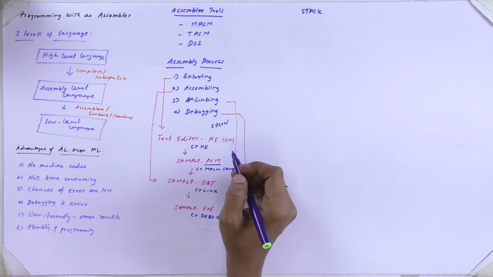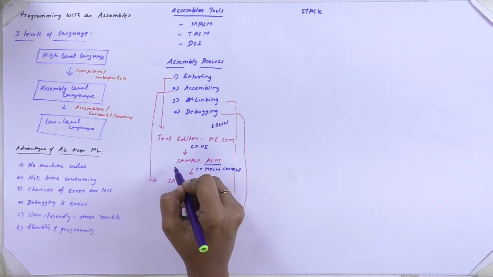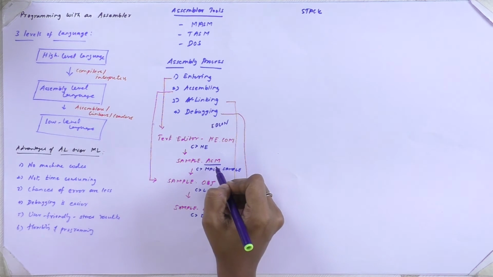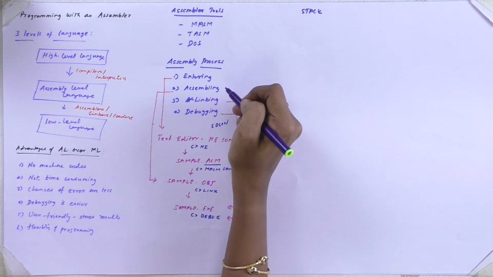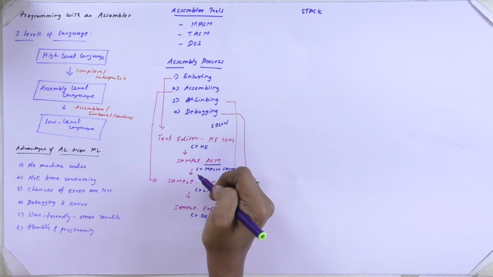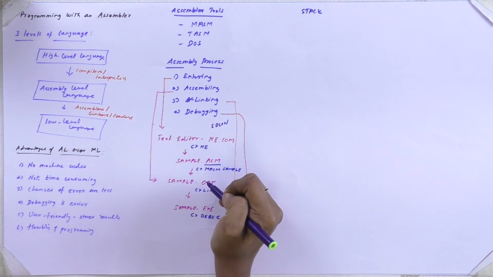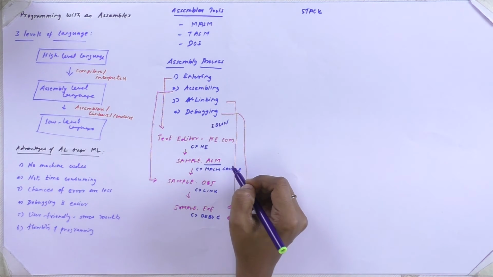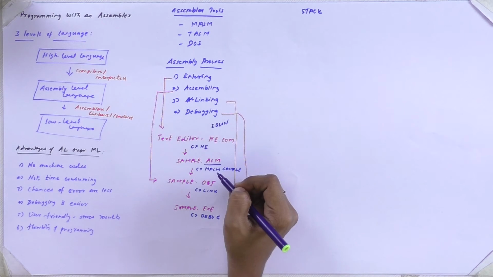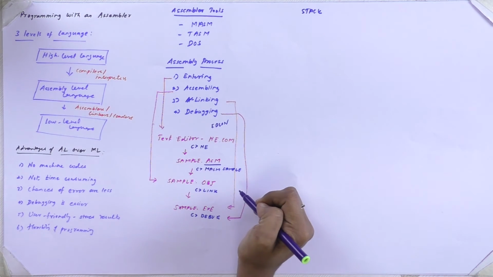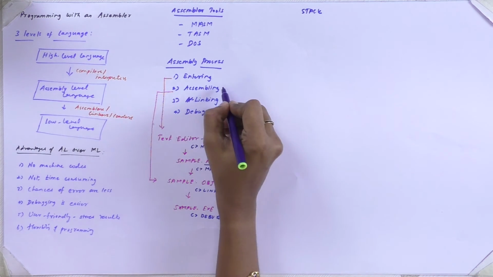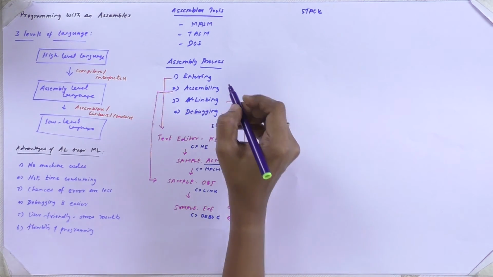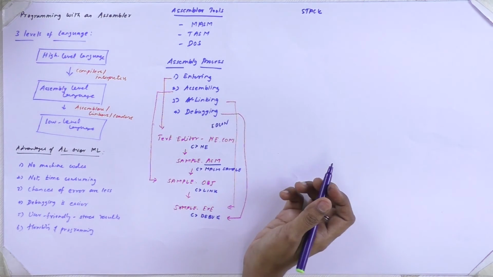In our example, let us take the file name as sample.asm. This sample.asm file will be given to the assembly process, and the assembler will assemble all the program written in that file and produce the .obj file as output. So the assembly process takes the .asm file as input and produces the .obj file as output.